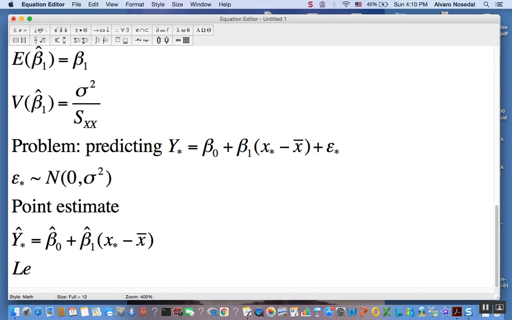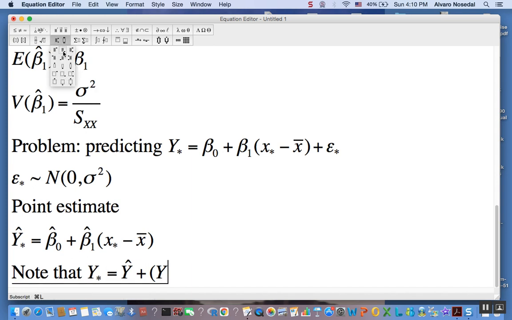Now, let's rewrite y star. Note that y star is the same as y hat star plus y star minus y hat star. Make sense?